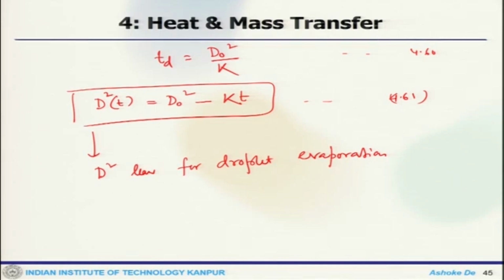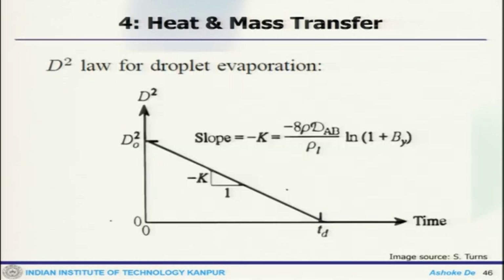That is how you get the droplet evaporation varying with time. What you see here is the d squared law, d squared on the y axis and this is time, and that is the slope you get. So, this is the well known d squared law.